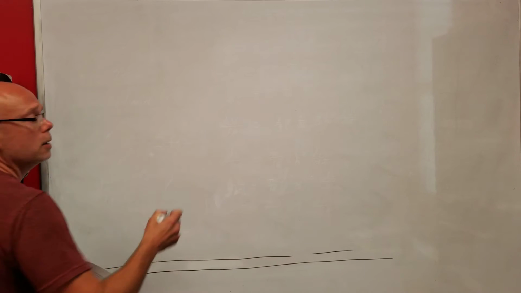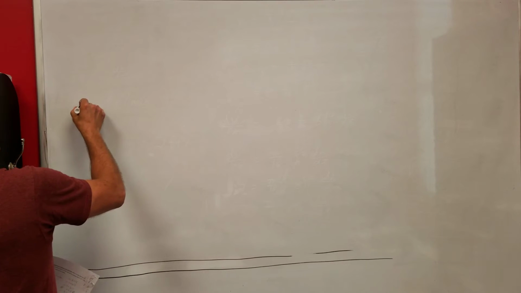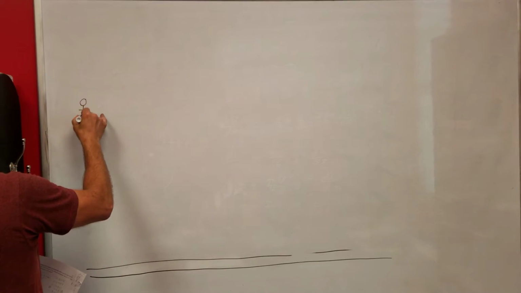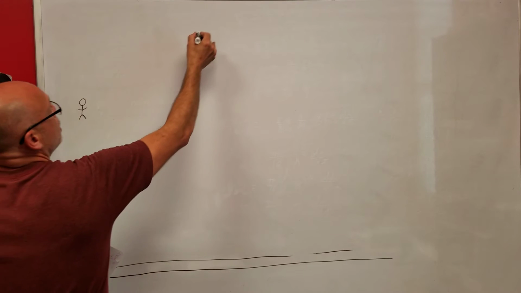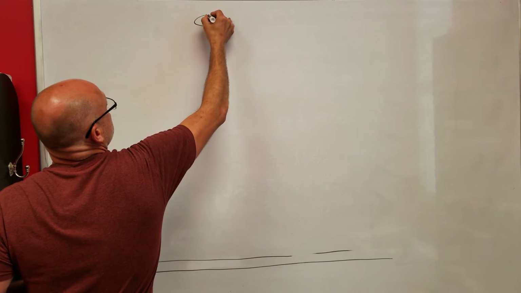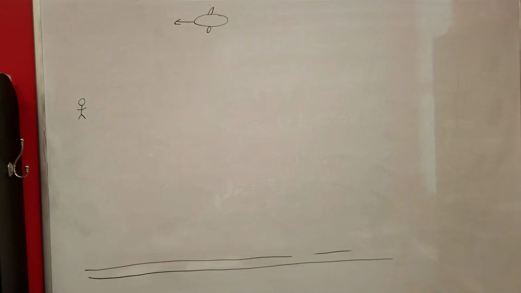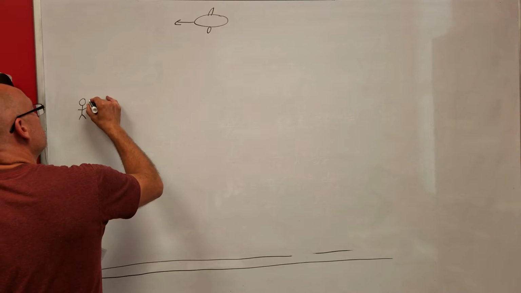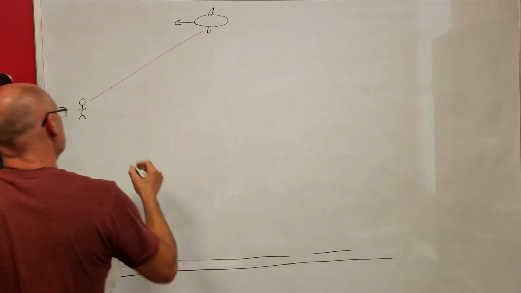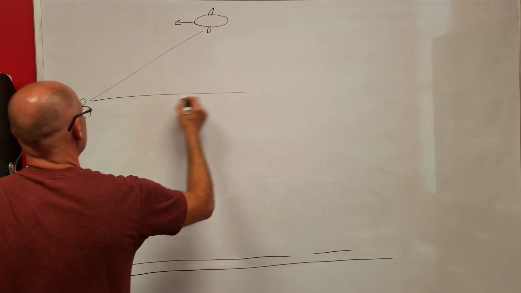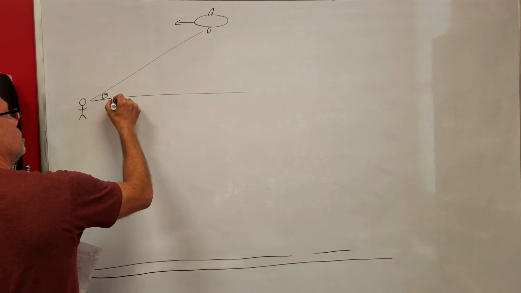All right, so what's going on? Maybe I'm over here, okay? The plane is right here, flying horizontal like that. Now, the angle of elevation of my line of sight, I'm looking at the angle right here.